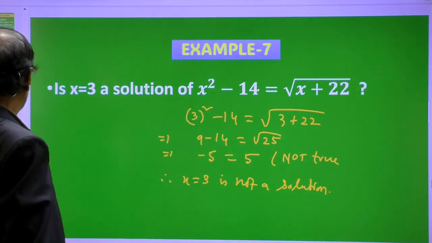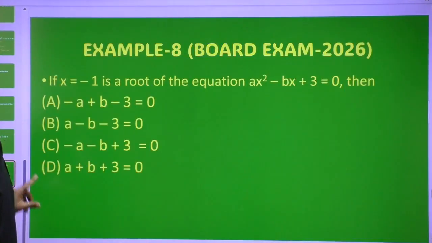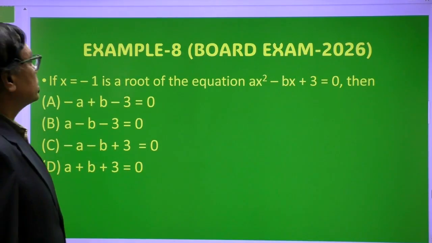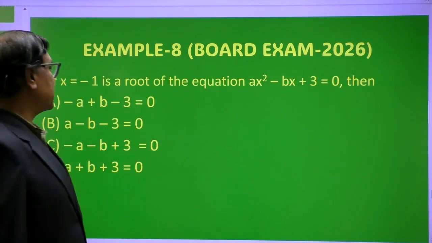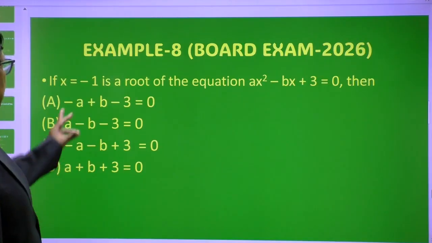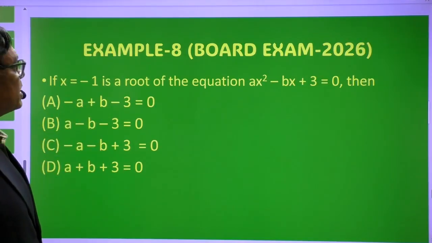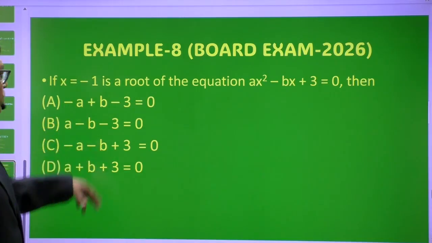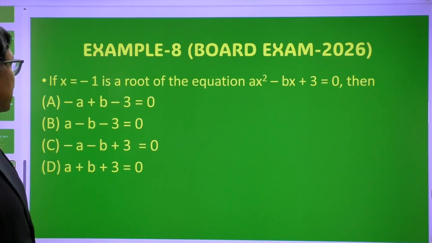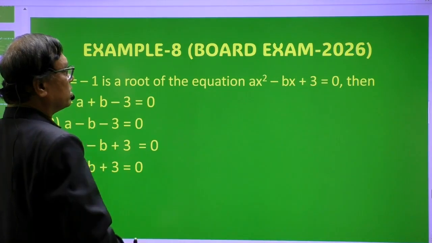Clear? Now come to example number 8. This sum came in board exam this year, 2026. If x equals to minus 1 is the root of the equation ax square minus bx plus 3 equal to 0, then out of these 4 options, which one is right we have to say. So again x equal to minus 1 is root.